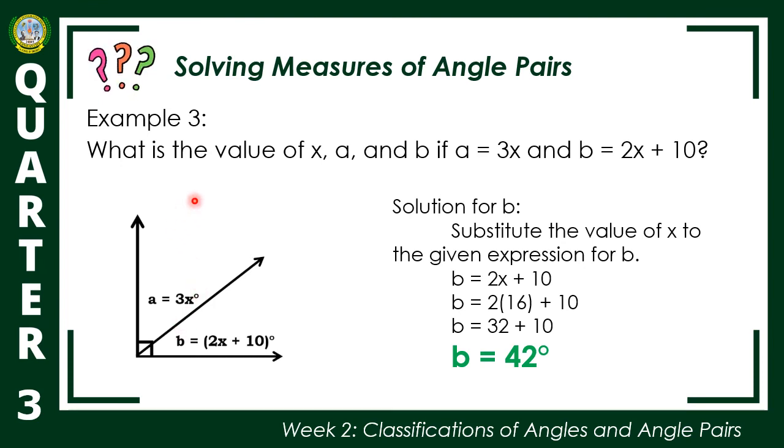So, make sure po na basahing mabuti yung questions po at sagutin po kung ano yung hinihingi. Okay? So, sa question po, hiningi yung value ng x na nakuha natin as 16, yung value ng A which is 48 degrees at yung value ng B which is 42 degrees.